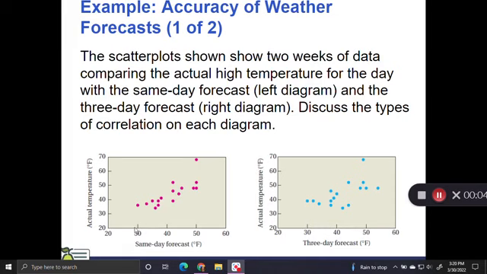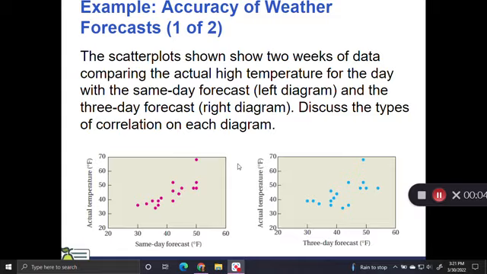So we're looking at what they forecast versus what the actual temperature was. We can see a positive correlation in both. On the left, we see a stronger correlation because these points are closer together. On the right, it's not as strong a correlation; it's more spread out. If you think about it, that makes sense, because a 3-day forecast is not going to be quite as accurate as a same-day forecast.